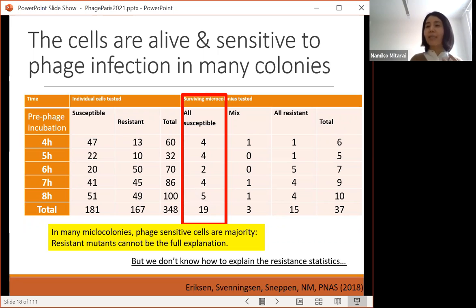So that means at least in these colonies, we believe the majority of the bacteria are sensitive to the phage. So it's not just resistance that explains these statistics. But at the same time, there is also a similar number of colonies where almost every cell is resistant, and we don't really know how to understand these statistics.